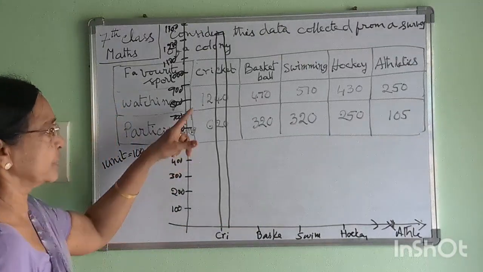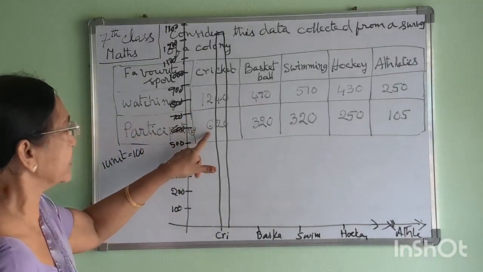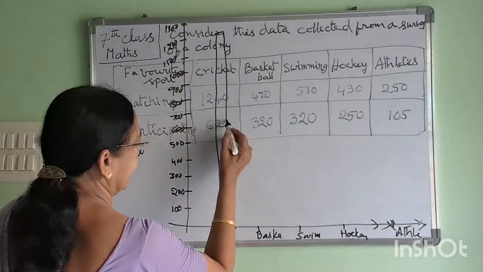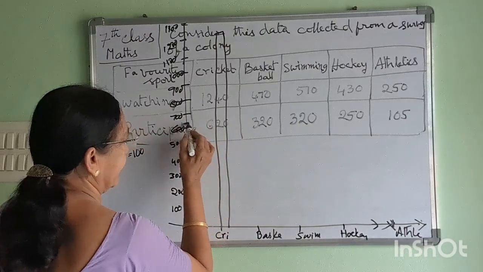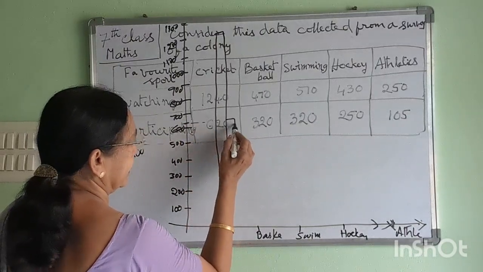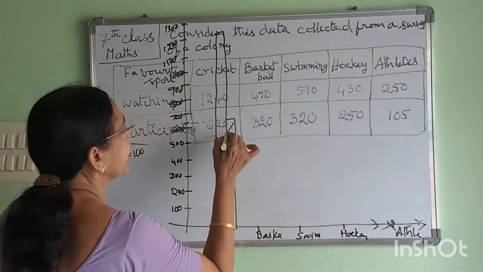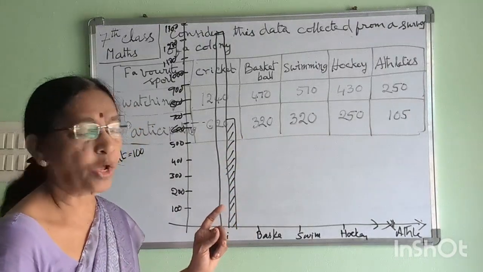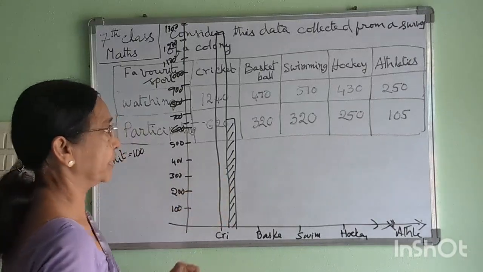The same game is participated in by 620. 500, 620. 620 will be here like this. We will shade the bar regarding the number of people participating.